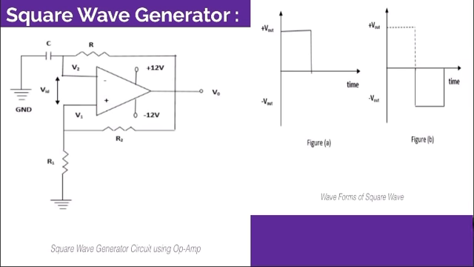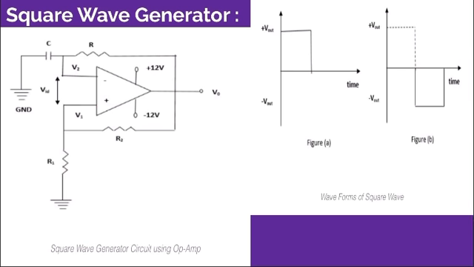Here we are seeing the basic circuit diagram for the working of the square wave generator. To design this square wave generator, we need a capacitor, resistors, an operational amplifier and a power supply.